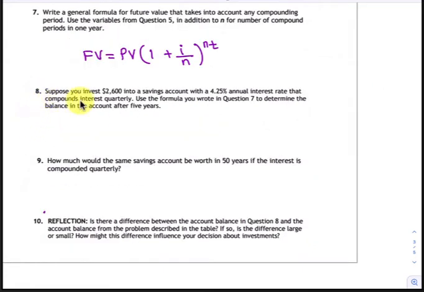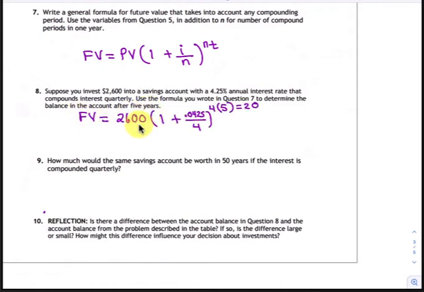Okay, number 8. Suppose you invest $2,600 in a savings account with a 4.25% annual interest rate that compounds interest quarterly. Use the formula you wrote in question 7 to determine the balance in the account after 5 years.